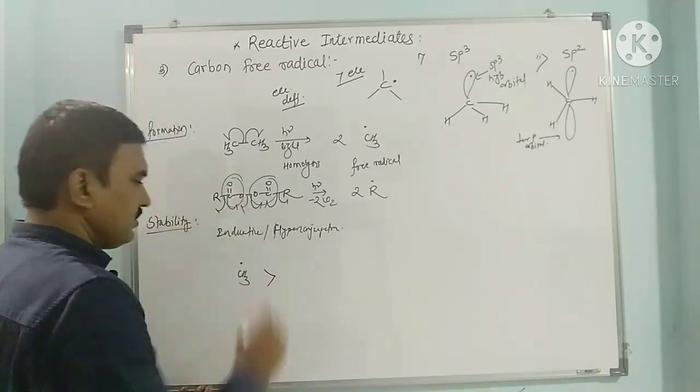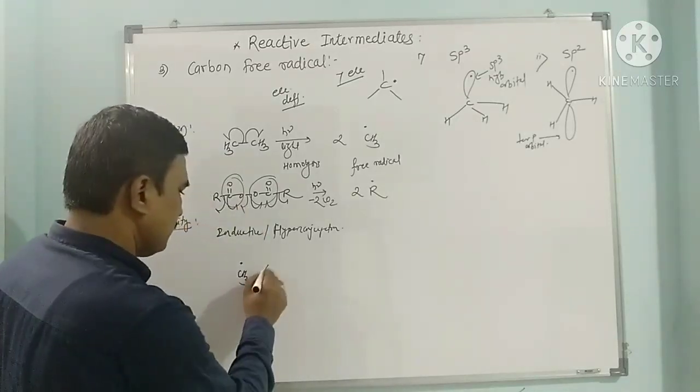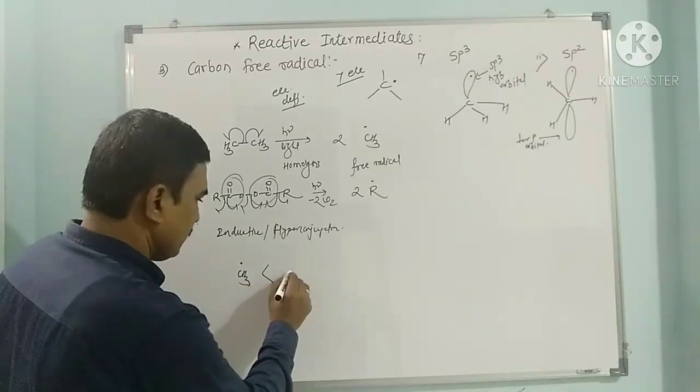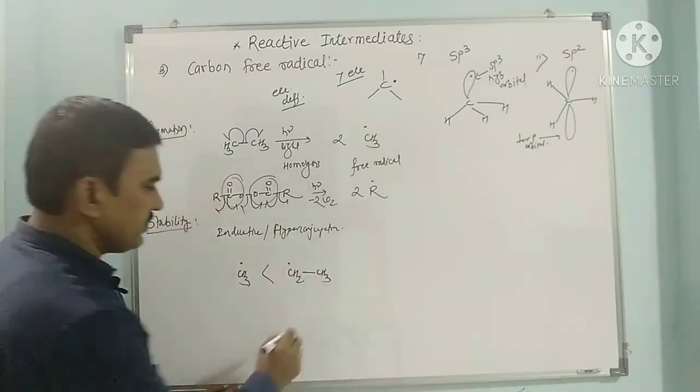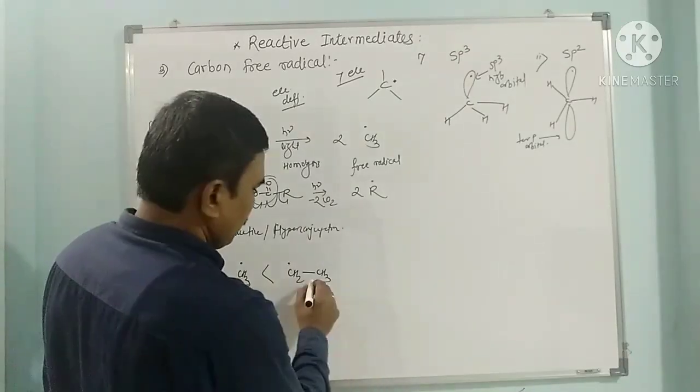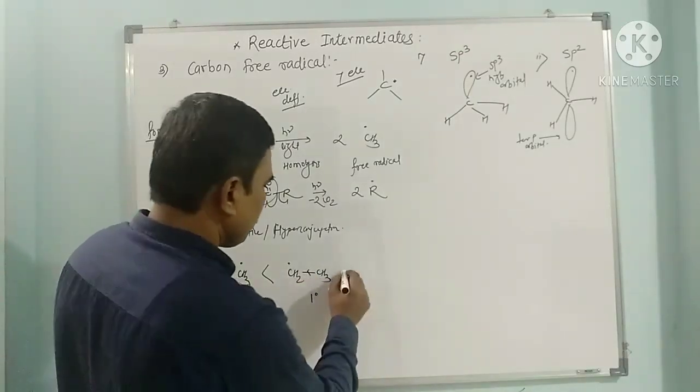It is less stable than the primary radical CH2CH3, because that one is donating.